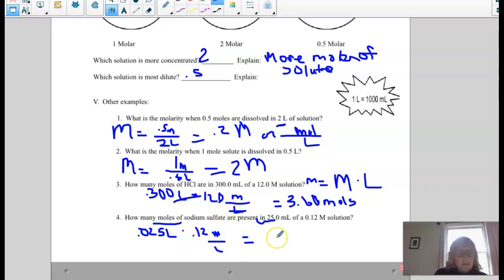So take 0.025 times 12. My liters is going to cancel out. The answer would be 0.3, and it's going to be 0.30 moles of sodium sulfate, which, if you don't remember, is Na2SO4.